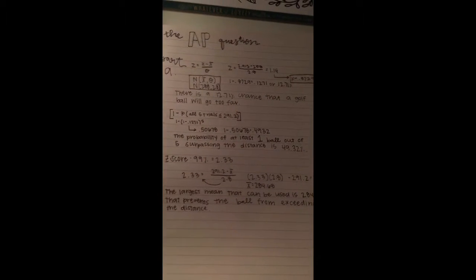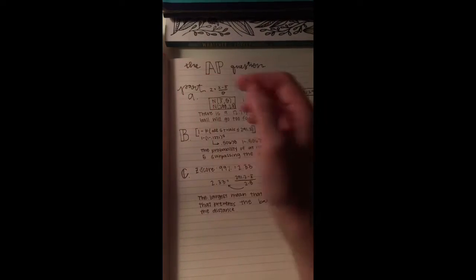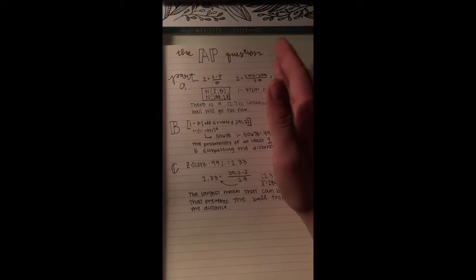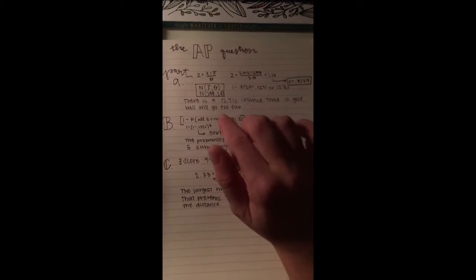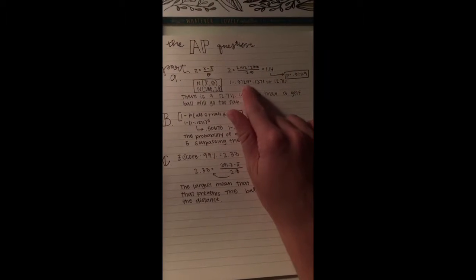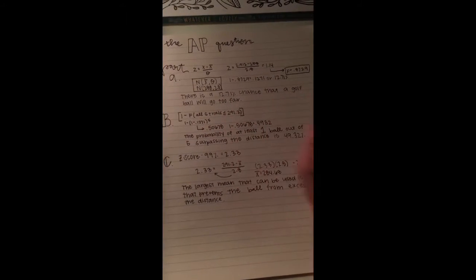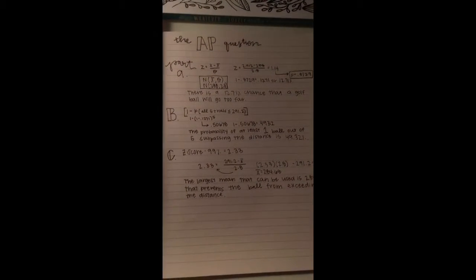If you remember, when you're looking at a distribution curve, a z-score only accounts for what's to the left of the line. And we're looking for what's to the right in this case, because that is going to be the maximum distance. We want to see what happens when it travels too far. So we're going to do 1 minus 0.8729, and we get 12.71%. So there's a 12.71% chance that a golf ball will go too far.